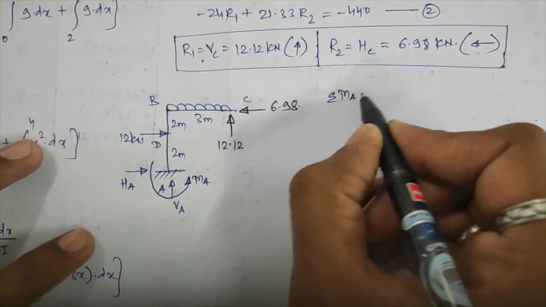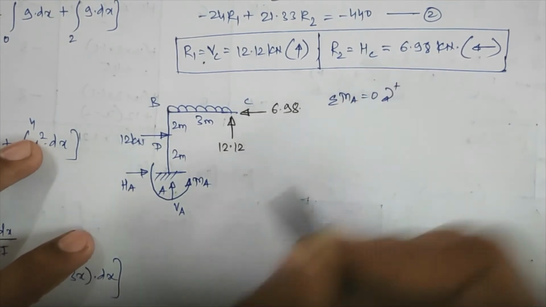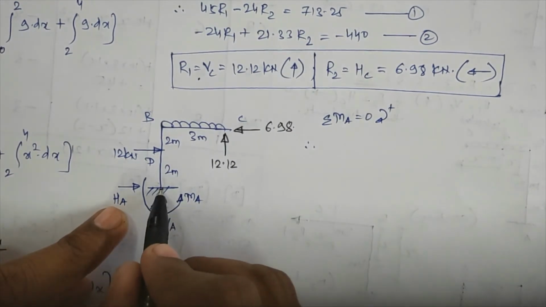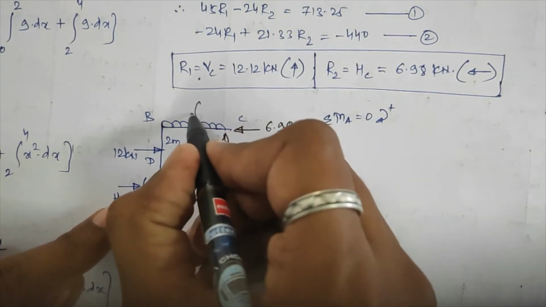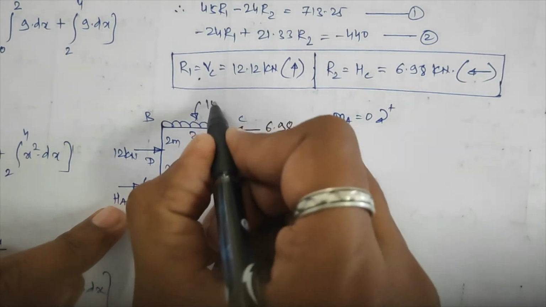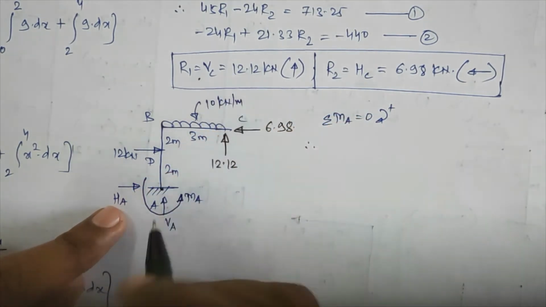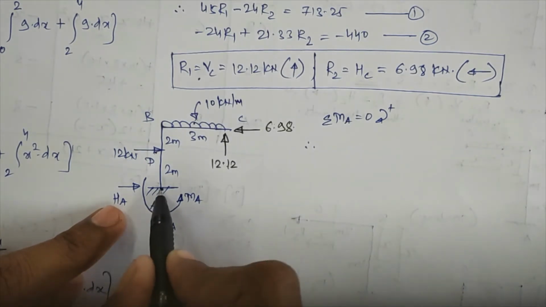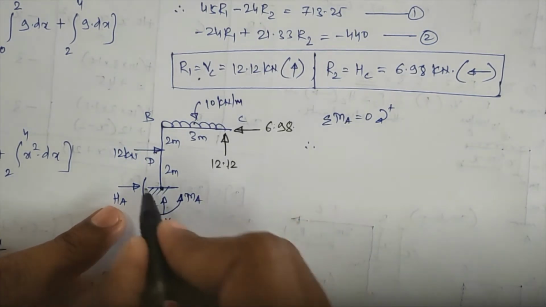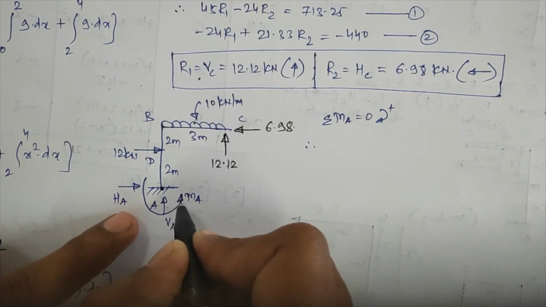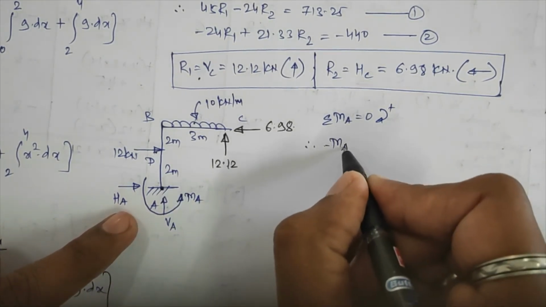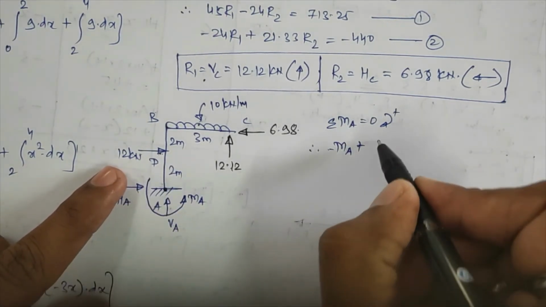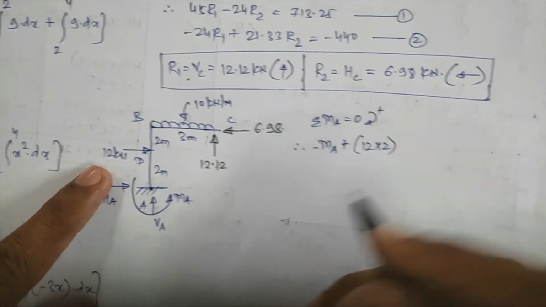Summation of MA is equal to 0, treating clockwise moments positive. We'll take moment at point A. So moment of all the forces you have to take about this point A. The UDL is given as 10 kilonewton per meter. So first we have here an anti-clockwise moment, so it will come minus MA plus moment of 12 into 2, clockwise moment, so positive.